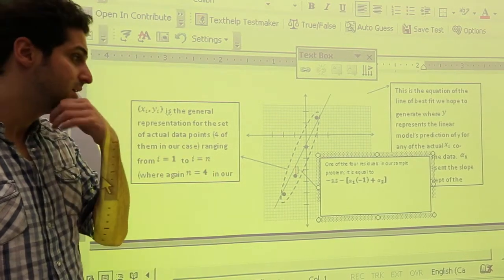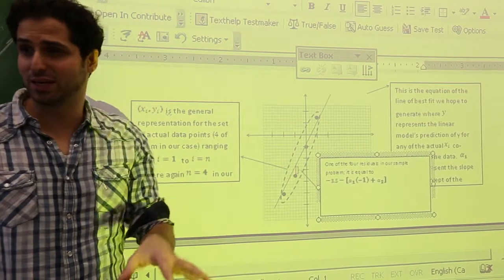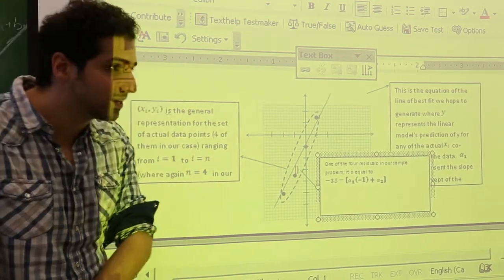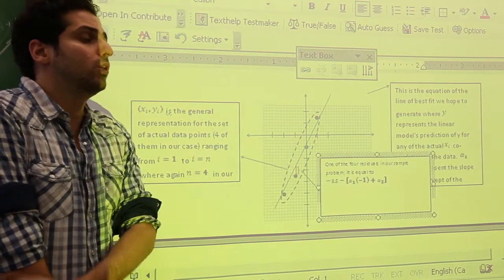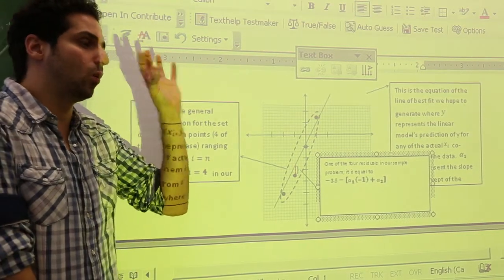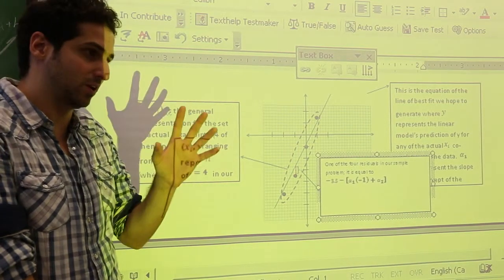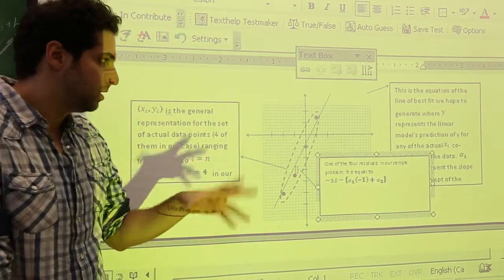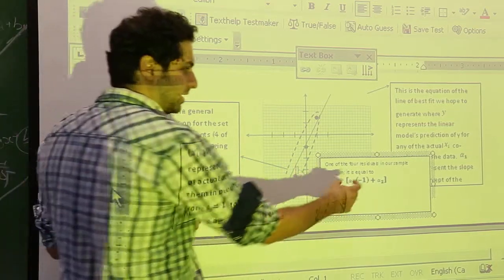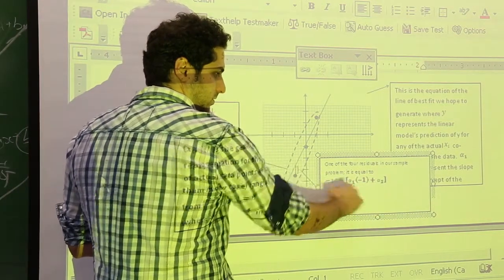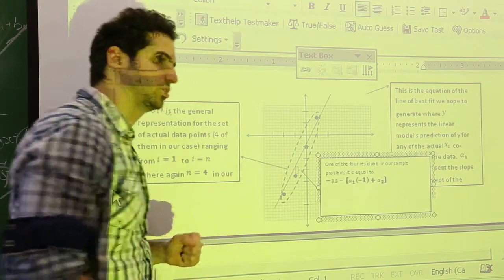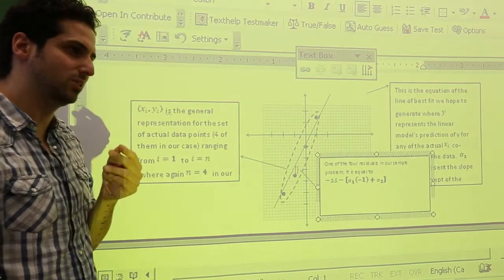Now the problem is, most of you haven't taken calculus, and those of you who are taking calculus in high school know how to differentiate a dependent variable as a function of an independent variable, dy by dx. But the problem is, you're going to have 2 independent variables, alpha 1 and alpha 2, which means you have to take a partial derivative with respect to each.